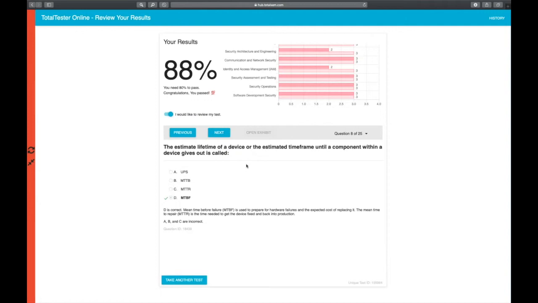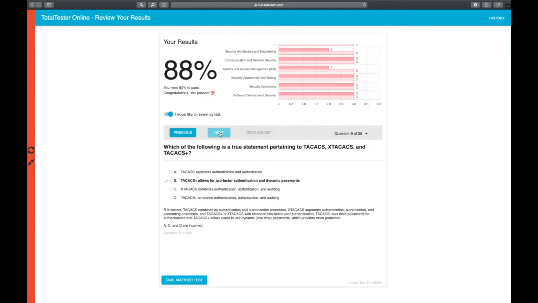This should be mean time to failure, which is used to prepare for hardware failures and the expected cost of replacing it. The mean time to repair is the time needed to get the device fixed and back into production. And once it's back in production, the time between the first failure and the second failure is MTBF. But we are dealing with practice questions.